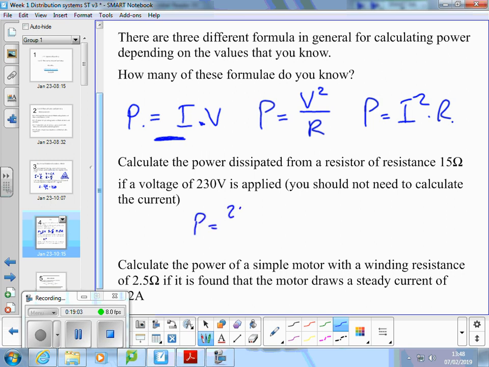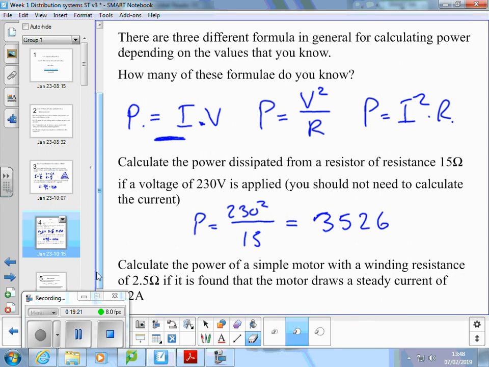Power is equal to 230 squared divided by that resistance. So hopefully someone's done that calculation. 3, 5, 2, 6. So if I wanted 4 significant figures, I'd make that a 7. Yeah? Watts.